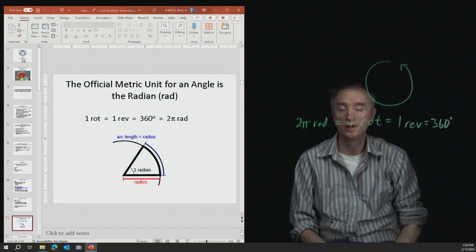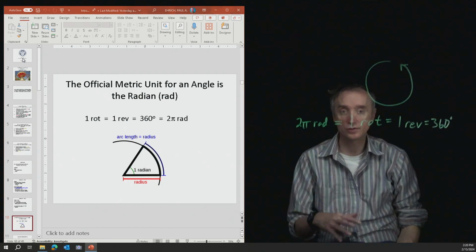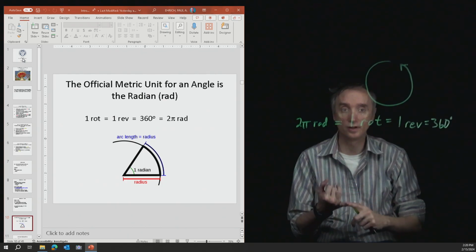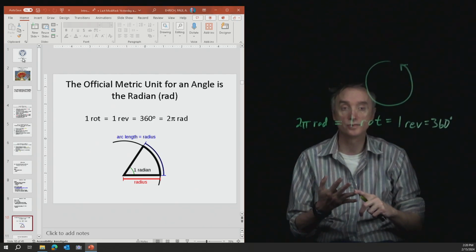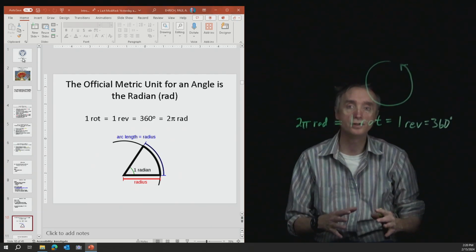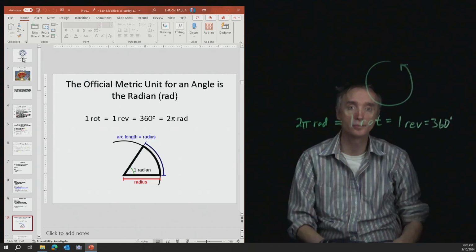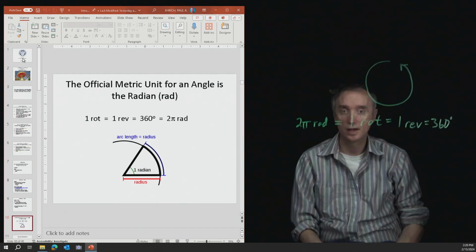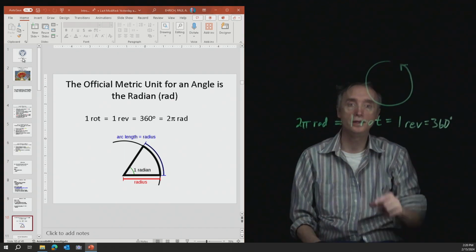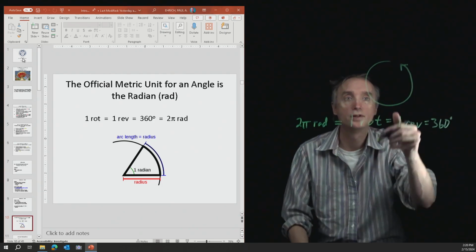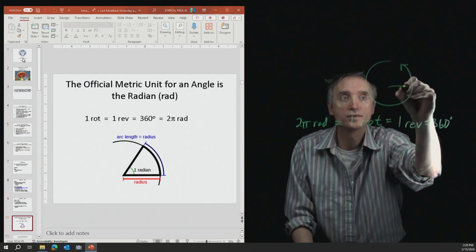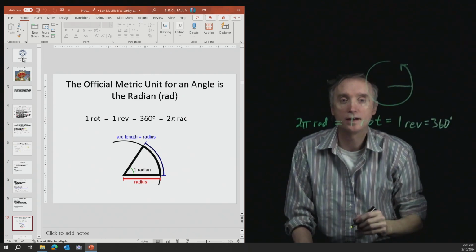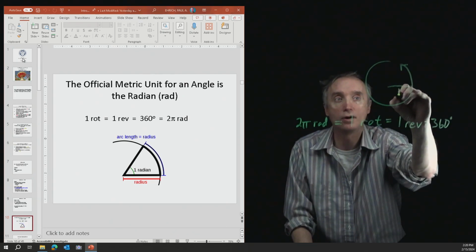Very important. So all of these equations that we're going to come up with for rotational motion, so rotational velocity, rotational speed, they're all going to use this concept of the radian. And so the idea of the radian is pictured there. Let's say you've got a circle that has a certain radius r.